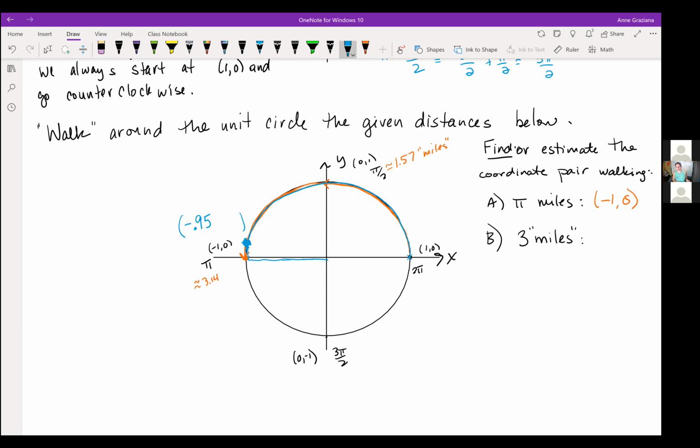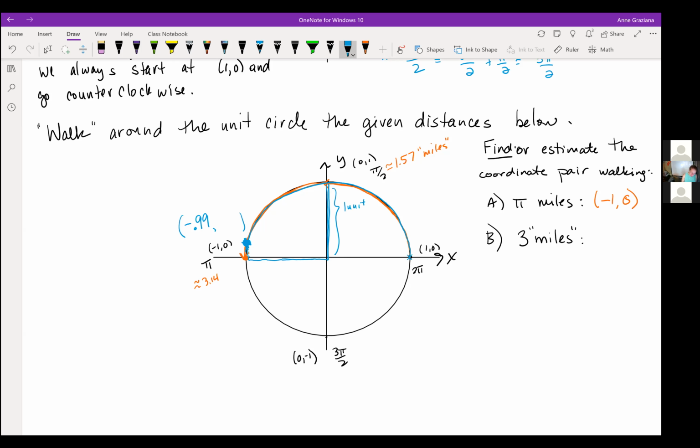It's more than 0.9. Maybe even -0.99, because that is really close to -1. Okay, but it's not -1. We don't quite make it to -1. Okay, now what about the y coordinate? So you have to realize that this distance on the y-axis, this is 1 unit.